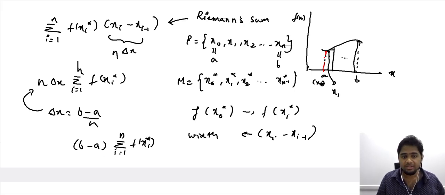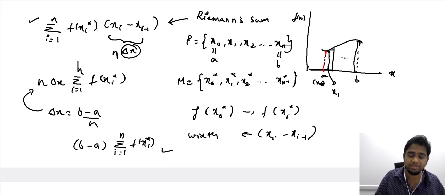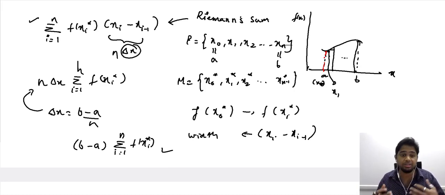So this is the generalized expression of the Riemann sum. This is a simplified version of it, wherein we have made the assumption that the spacings between the different points that enable us to discretize this entire region into different rectangles are constant. As you make that assumption, we end up with this expression here.